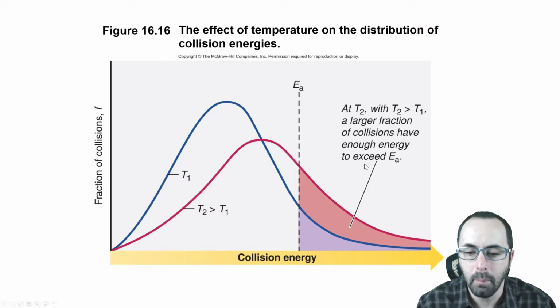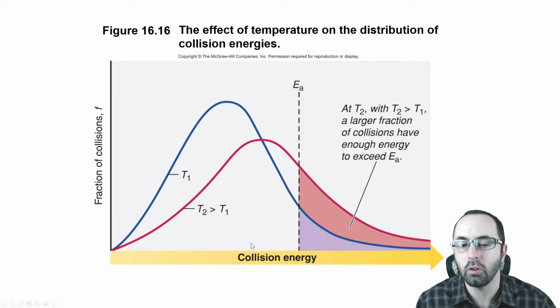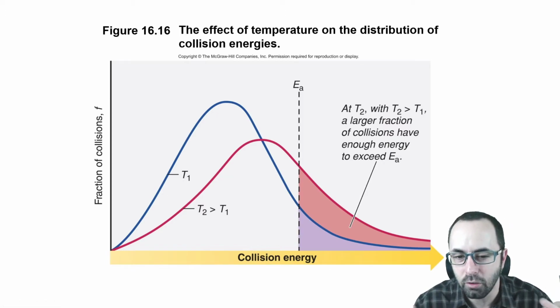This can be described by this distribution of the speeds of the molecules. So the speed is related to the collision energy here. What happens is when you increase the temperature, you increase the average speed of the molecules. So this distribution shows you what the distribution of the speeds of molecules would generally be.